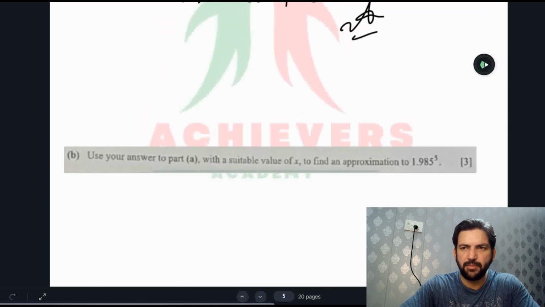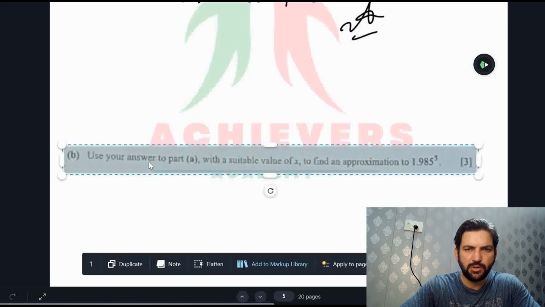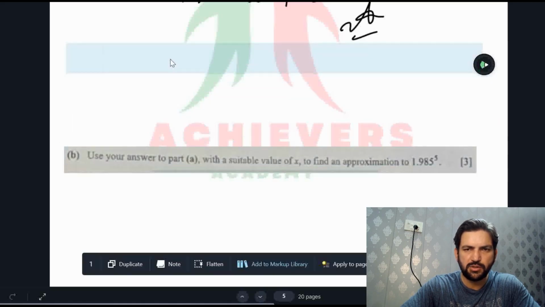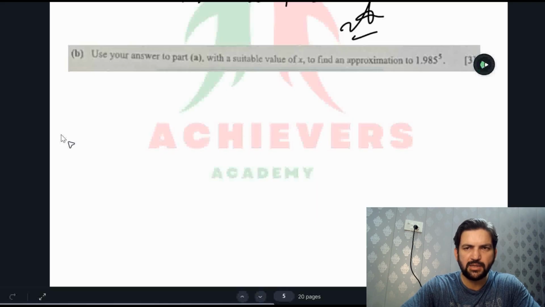Let's move to the B part. In the B part, use your answer with a suitable value of x to find an approximation to 1.25 whole square.